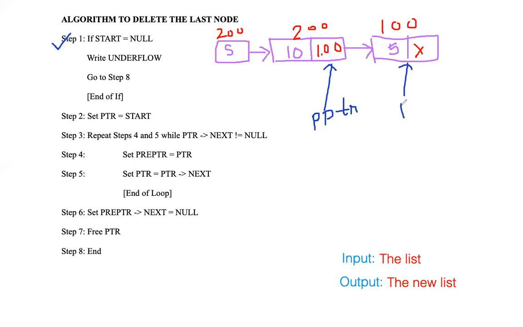So now what happens? Again, we are checking whether PTR arrow next is equal to null. Now, yes, it is equal to null. So we stop.